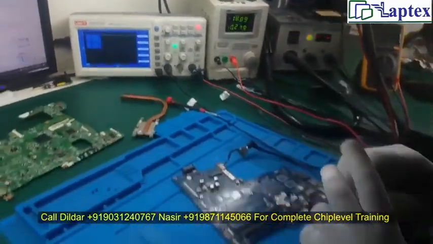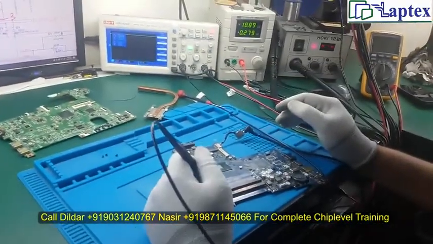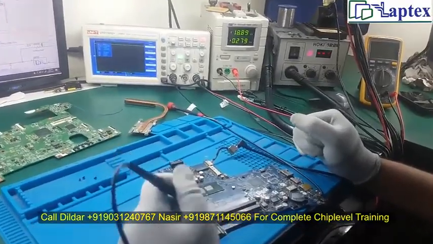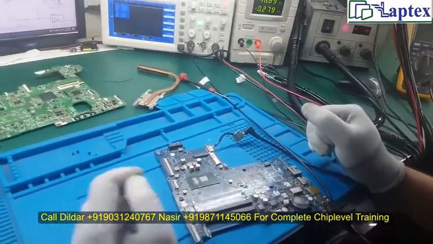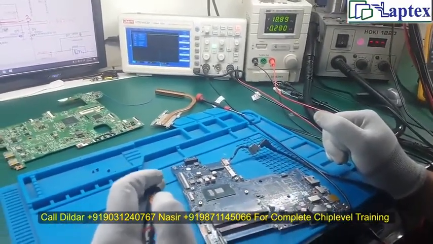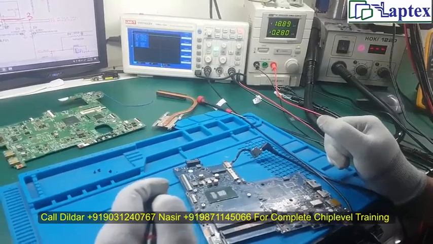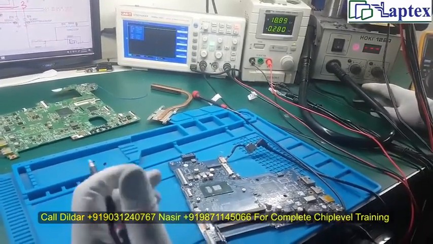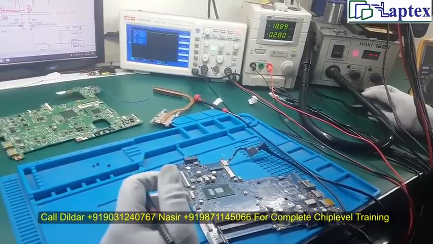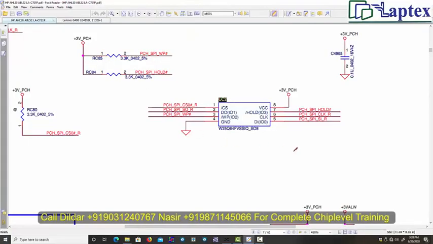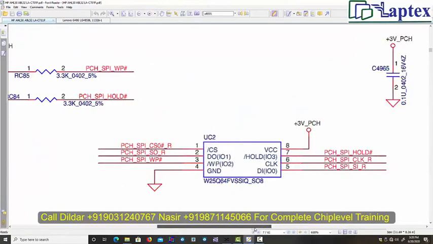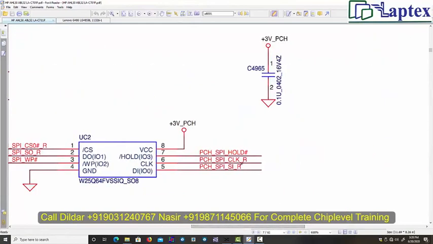What takes place after this? You have to check DI first. So DI is the data input. Somewhere you will know the name of the SI pin, serial input pin, also. We have two boards for your demonstration. Here is the SI written. Now you can see on the schematic PCH SPI SI.